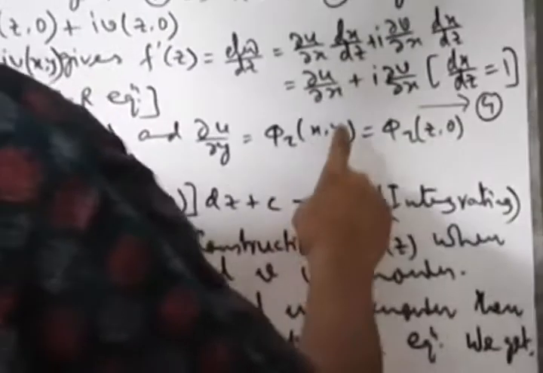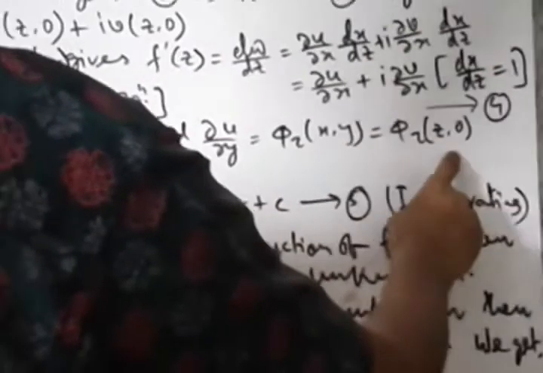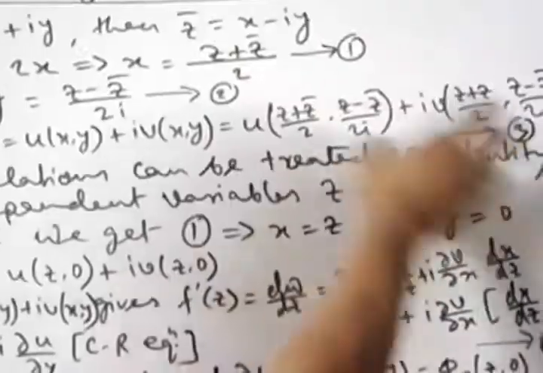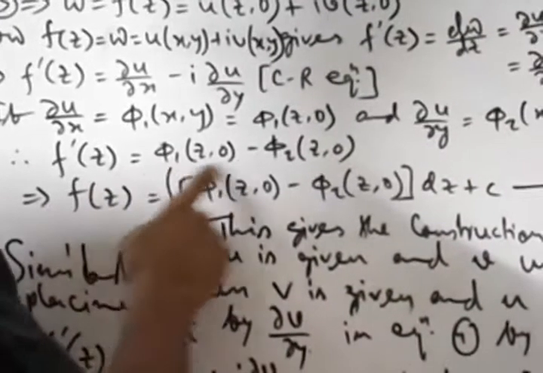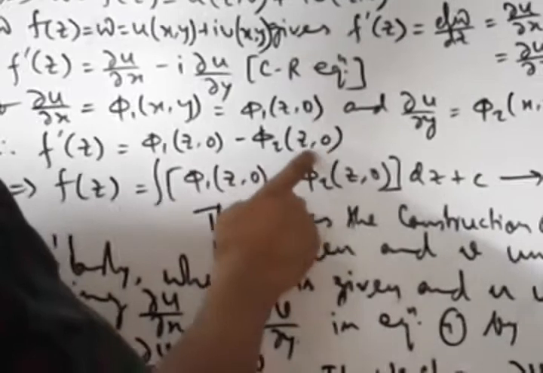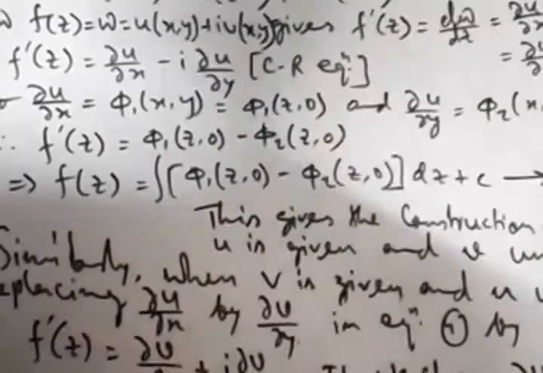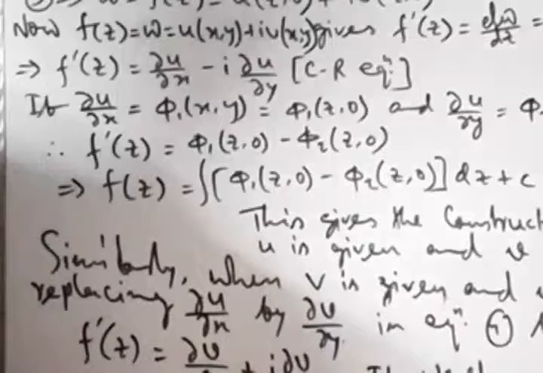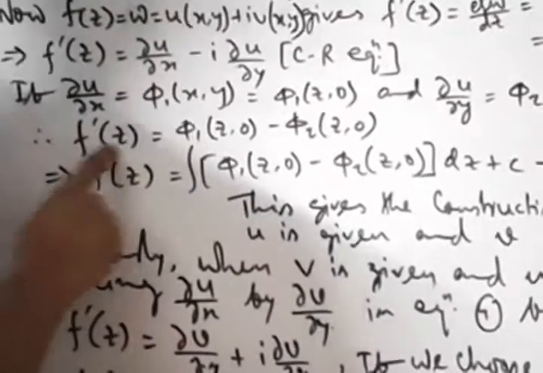Here x is equal to z and y is equal to 0, from our findings from the above three relations 1, 2 and 3. So we get f prime z is equal to phi 1 of z, 0 minus i phi 2 of z, 0.